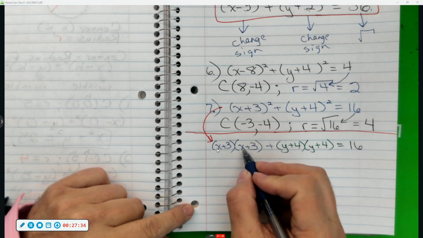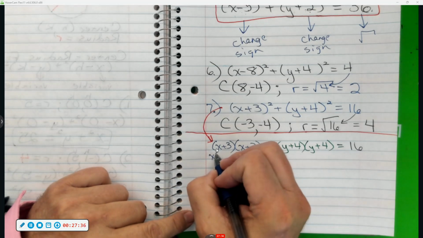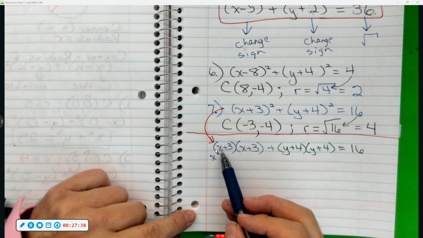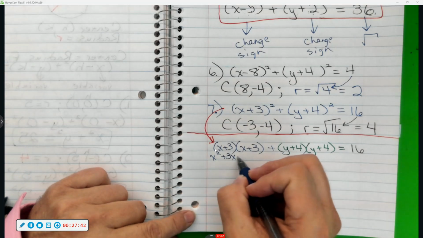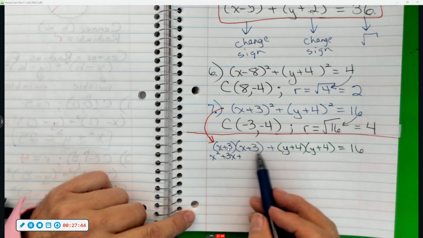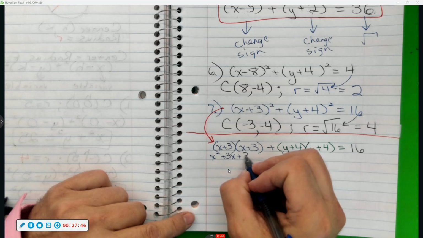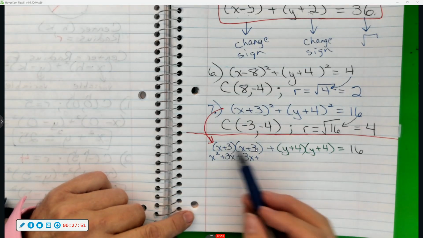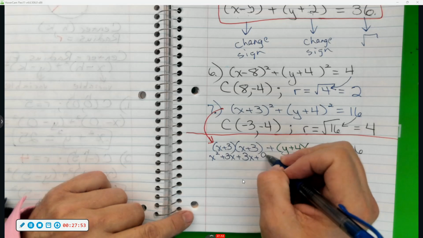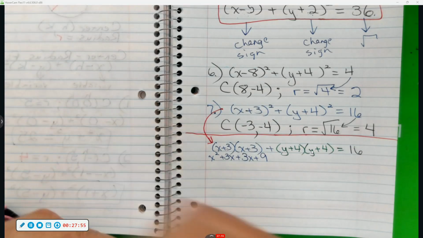First, x times x is x squared. Outer, x times the positive 3 is a plus 3x. What's my inner product? Another 3x. What's my last product? 3 times 3 is 9. Now let's do the same thing for y's.